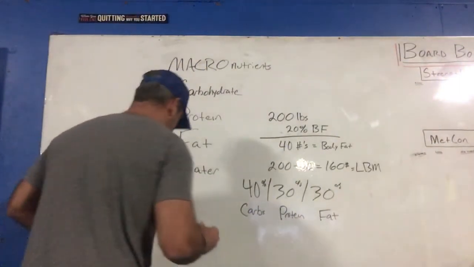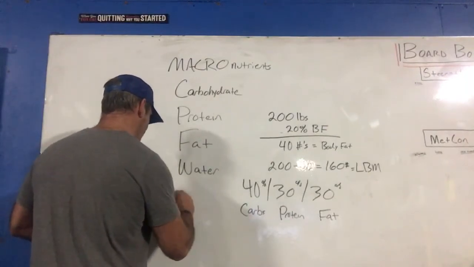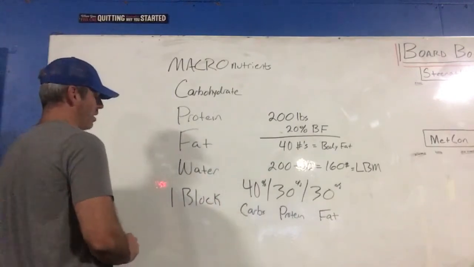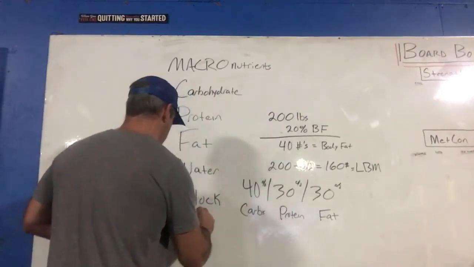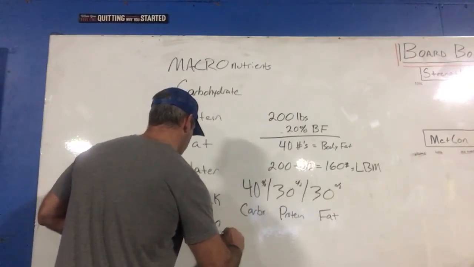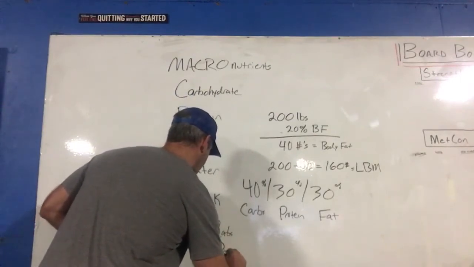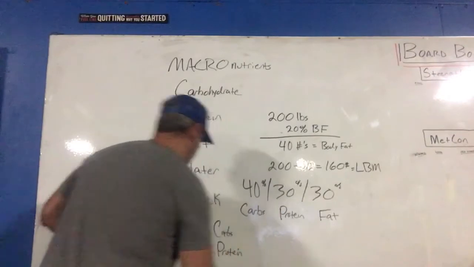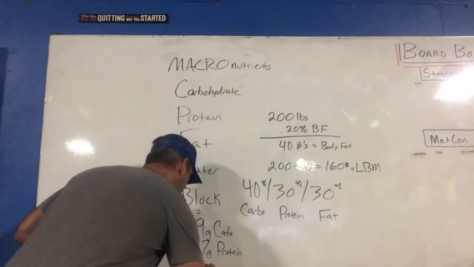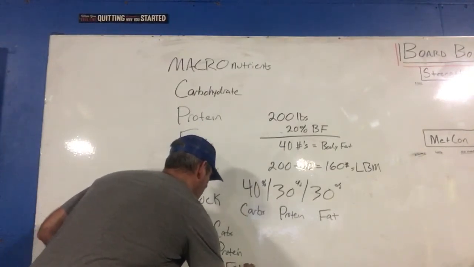So in Dr. Sears' book, The Zone Diet, he uses this unit of measurement called a block. Okay, so one block equals 9 grams of carbs, 7 grams of protein, and depending on what source you look into, you're going to see 1.5 to 3 grams of fat.